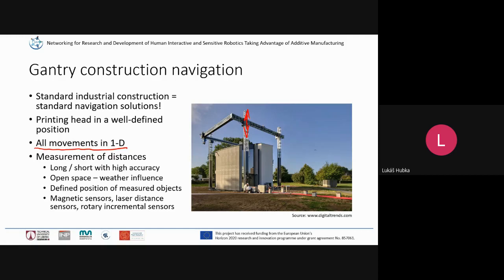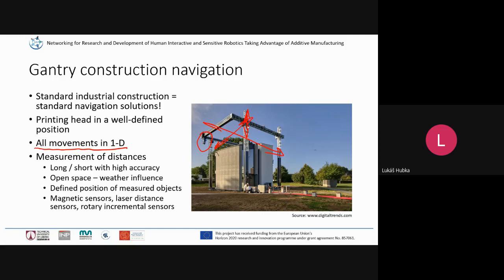So it's a measurement of a distance, and you always know where the point is which you want to measure. And then there is the printer head. It is here now, in some parking position. Of course, the printer head can move inside this frame. So it's something like a CNC machine, and you are operating in these two dimensions.